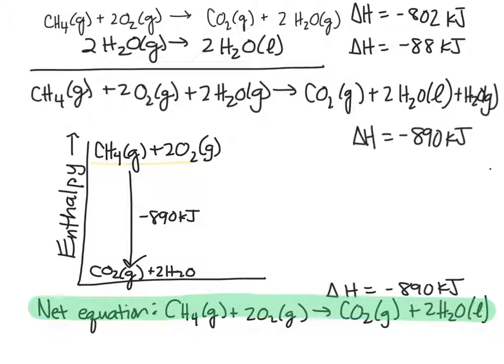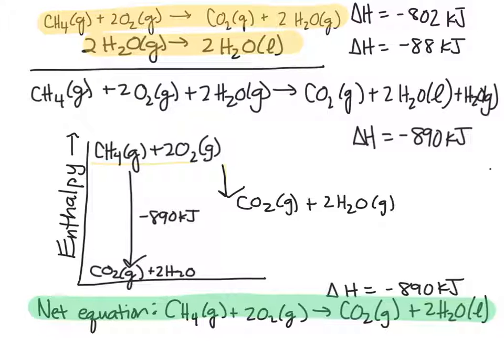However, if it takes a different path, a two-step path, stopping first to produce carbon dioxide gas and gaseous water, then having that gaseous water turn into liquid water, also releasing heat, those two pieces add up together.